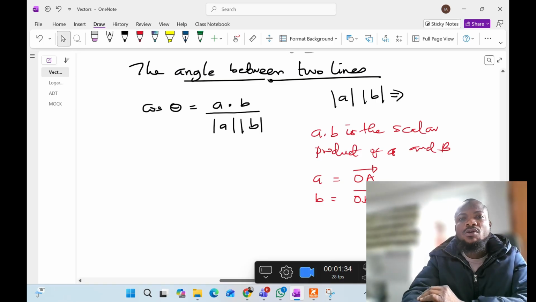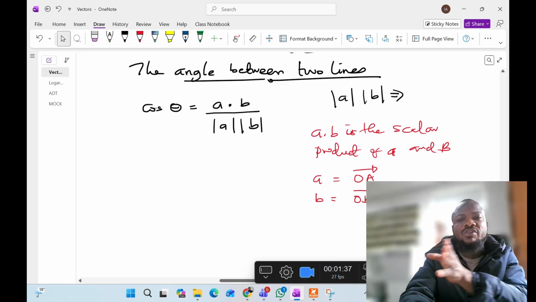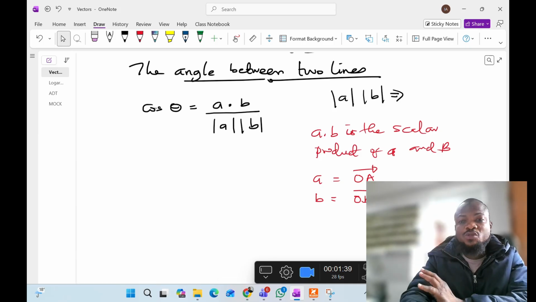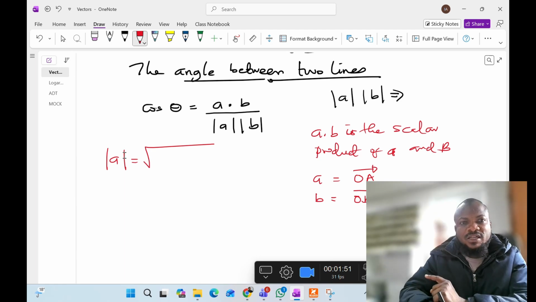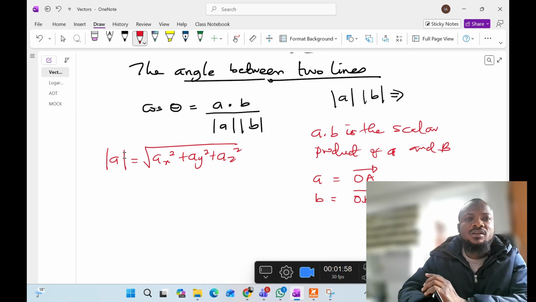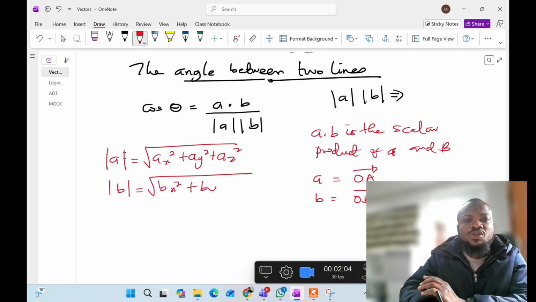Okay, now how about the other values in the denominator? These are the magnitudes of A and B. So the absolute value of A is equal to the square root of each component of A squared. That is AX squared plus AY squared plus AZ squared. And that of B is equal to the square root of BX squared plus BY squared plus BZ squared.